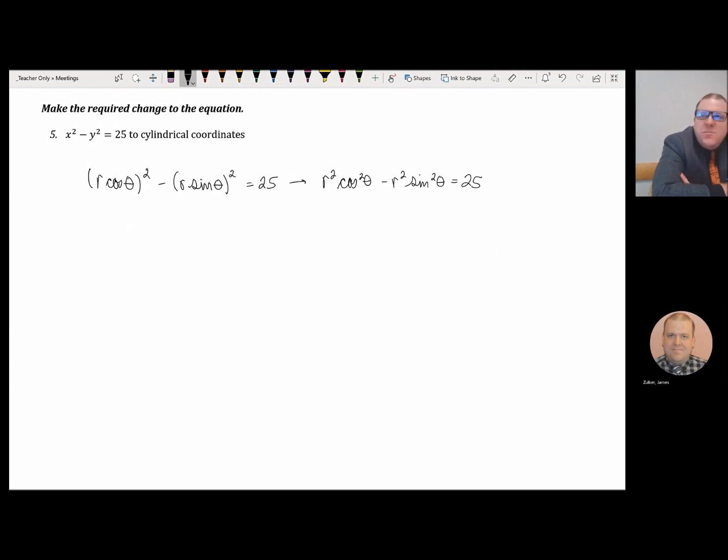So r squared cosine squared minus r squared sine squared is equal to 25. Right, factor out r squared. We have cosine squared minus sine squared left. So r squared times cosine squared minus sine squared is equal to 25.